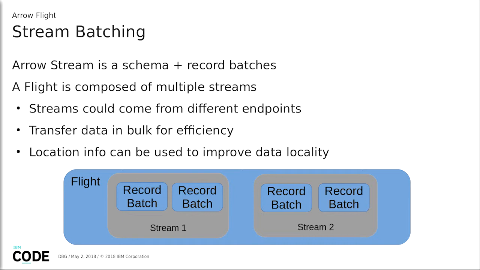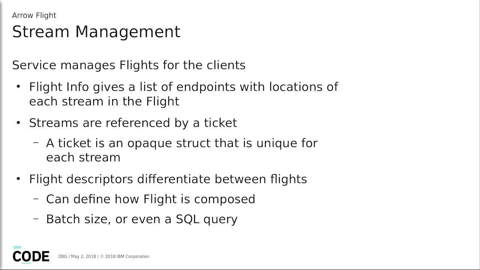So here's just an example of a flight, and there are 2 streams in it, and each stream has 2 record batches. So you can think of the flight as your entire data set that might span over the network. So Arrow Flight provides the ability to manage these different streams within the framework.